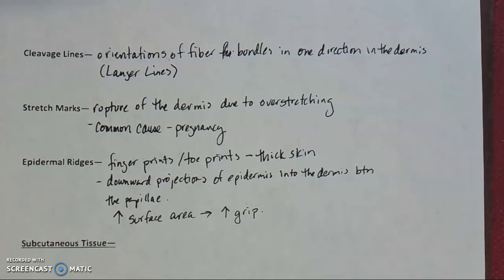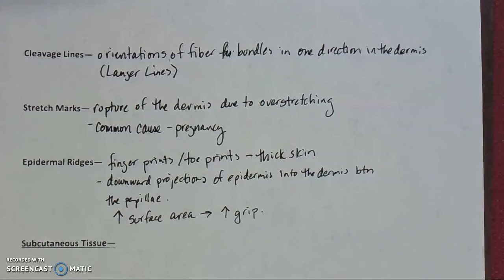These develop in the womb, and they are unique to each individual. So we tend to use fingerprints as an identification device for a lot of things. So you might have to put your thumb or your finger on your phone. Maybe it's a biometric ID.